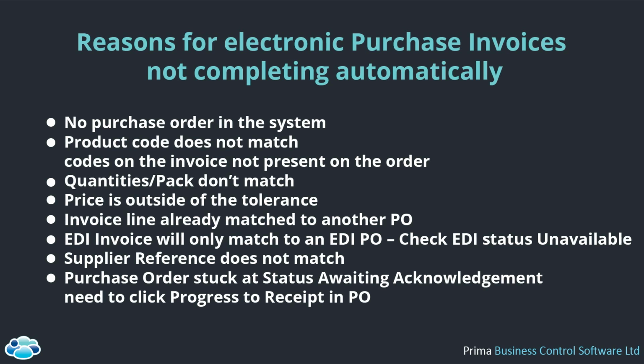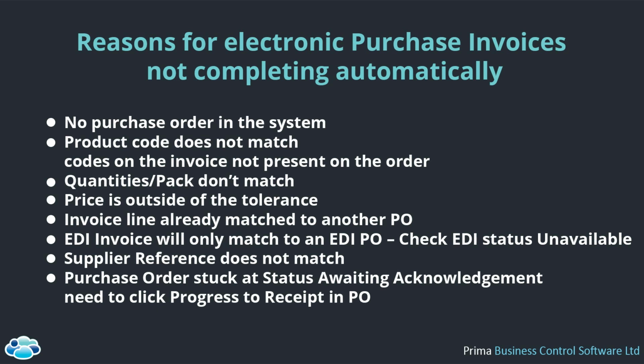Essentially what happens is sometimes if you send an order via EDI, the connection between the Prima system and your wholesaler system can get interrupted for whatever reason, and you may not get a message back. In that instance, the status of the PO is such that it's not yet been fully processed through to purchased.